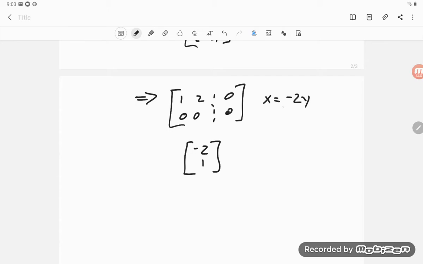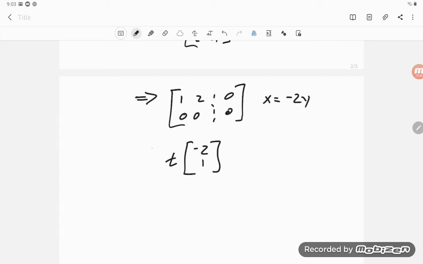But then, again, the null space is closed under scalar multiplication, so I can multiply that by t, and of course if t equals 0, then I get the zero vector.